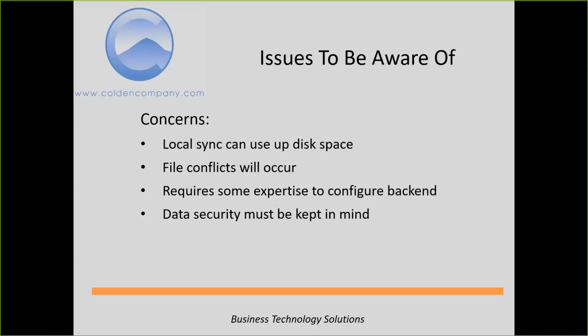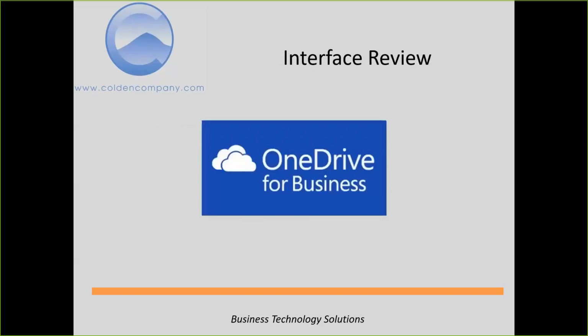So there needs to be some very careful consideration of what data you're putting in OneDrive. If you have protected information, maybe that's not the best thing to be putting up in OneDrive. If there's a strong business case for it, that's fine. You just have to make sure on the back end there's a lot of different settings to secure that data. And particularly with mobile devices, you may need something like Microsoft Intune to properly secure the mobile end of things. Okay, so those are areas of concern with OneDrive for Business.